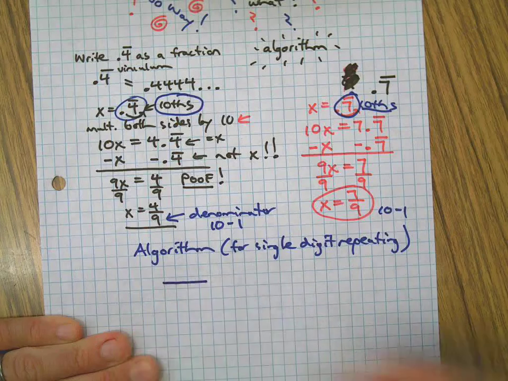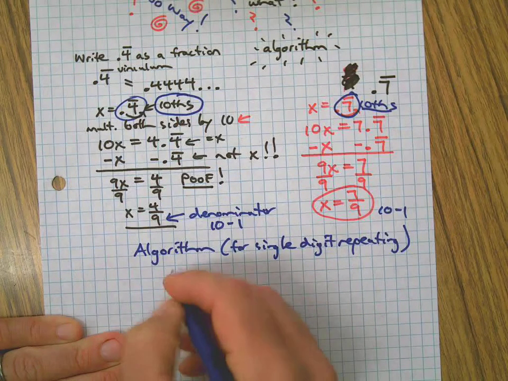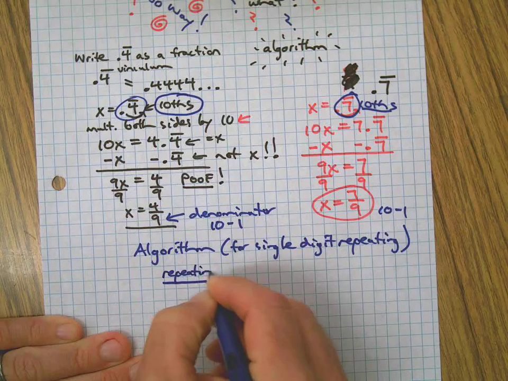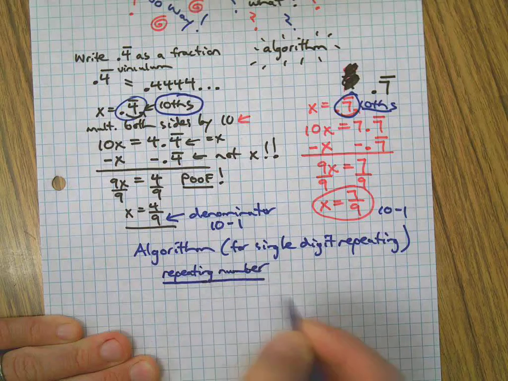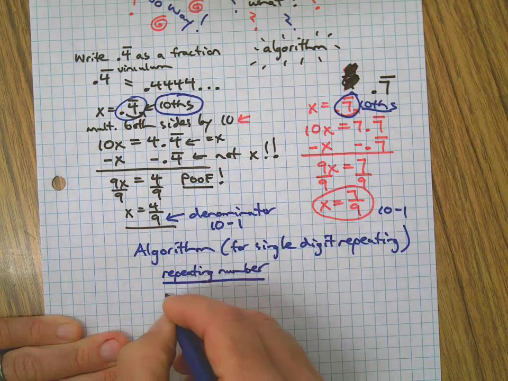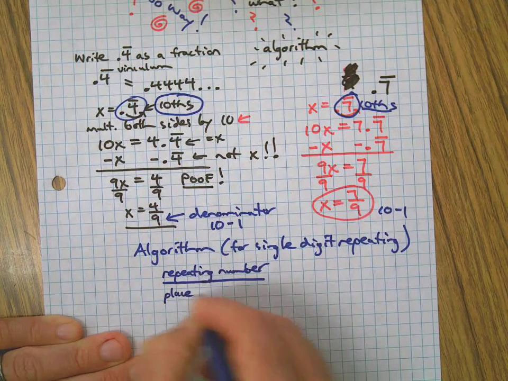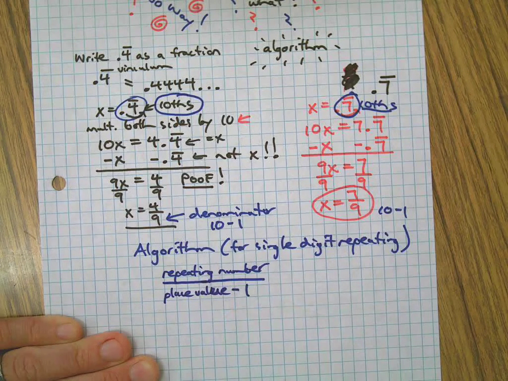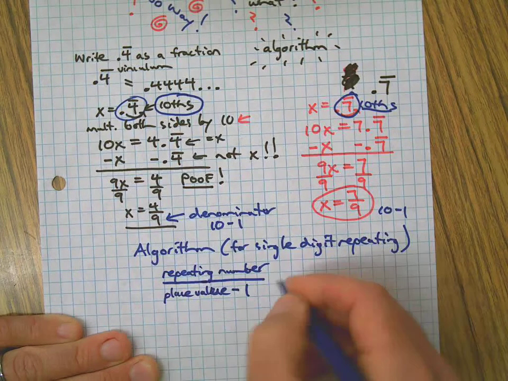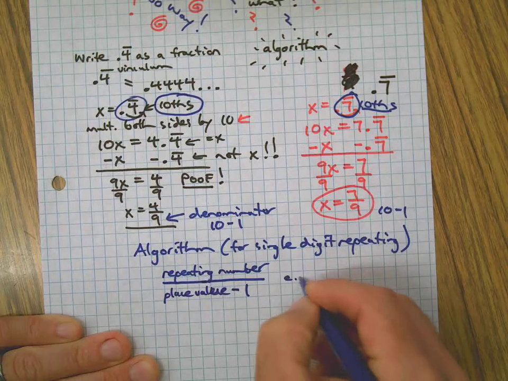The fraction is going to be the repeating number on top, and on the bottom is the place value minus 1.